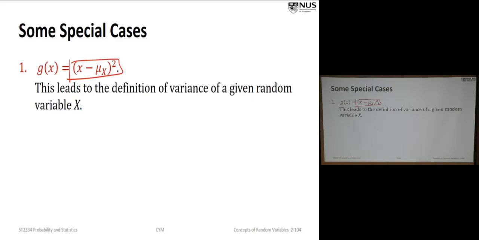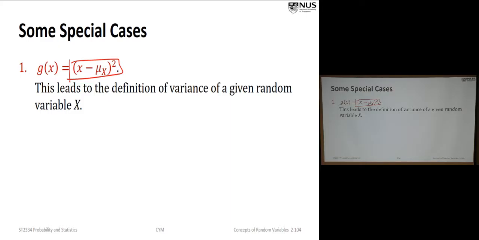That means we try to get rid of the sign. We don't bother whether it's bigger or less than mu x, so long as it's far away from the center. So that is one reason why we square. The other reason why we consider square is that, if you are not too far away, okay, we will take it.